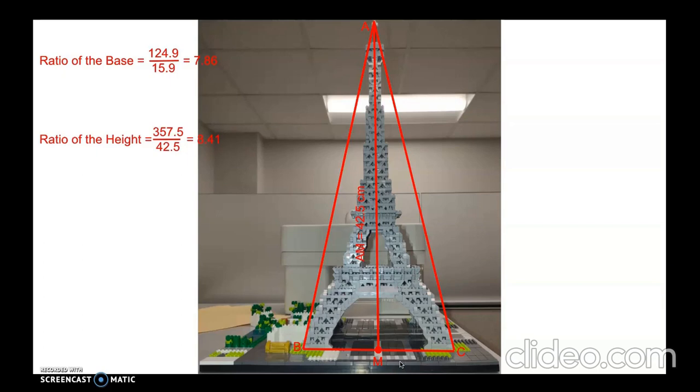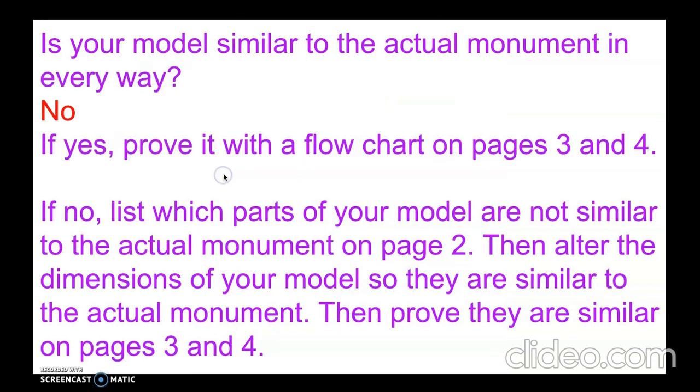Well, when I took that ratio, I actually got a different value. When I took the ratio of the height of the actual Eiffel Tower, which is 357.5 meters, over the height of my model, which is 42.5 centimeters, I got 8.41. Well, that's a different ratio than before. So this is going to be the first change that I make.